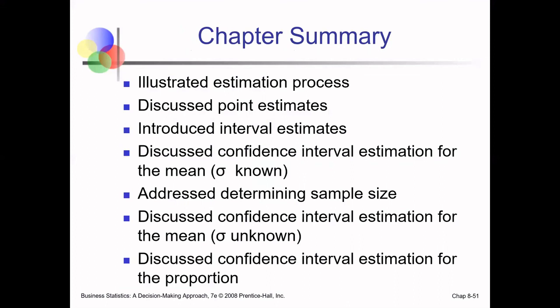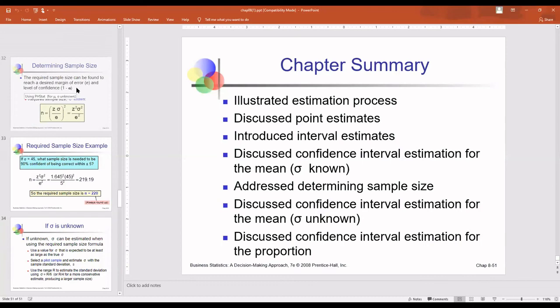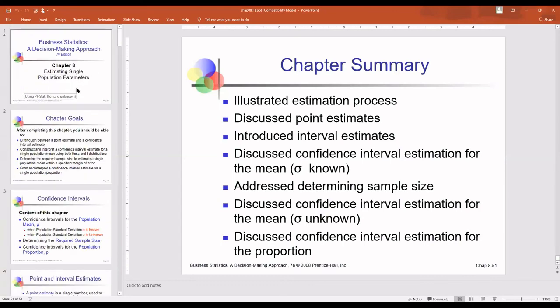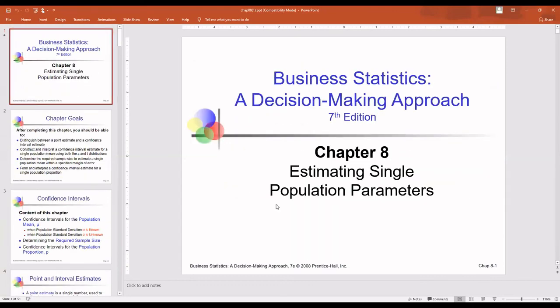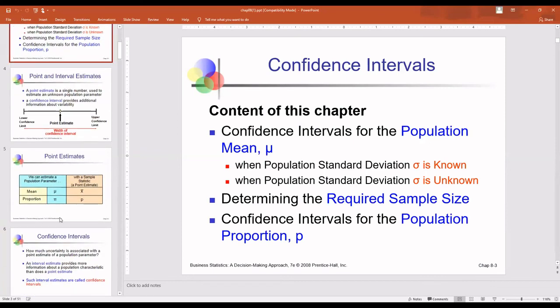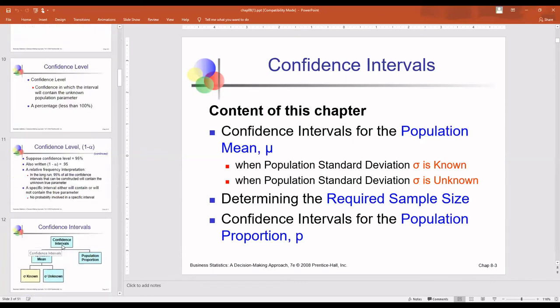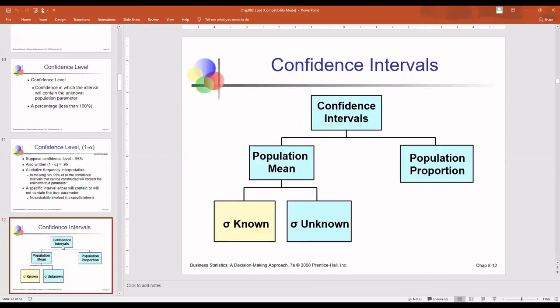We have completed the chapter on estimation, and we have completed four main methods. The first is confidence interval for population mean when sigma is known, and the second is confidence interval for population mean when sigma is unknown and the sample is large.